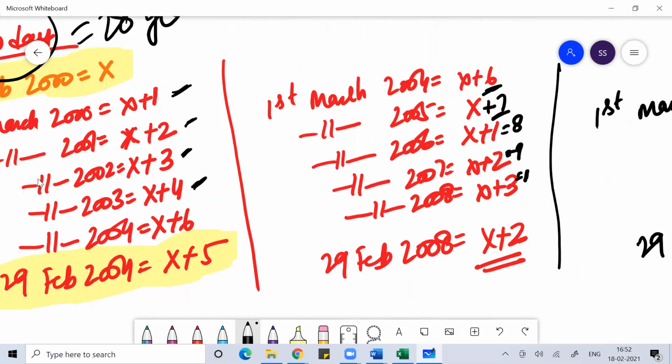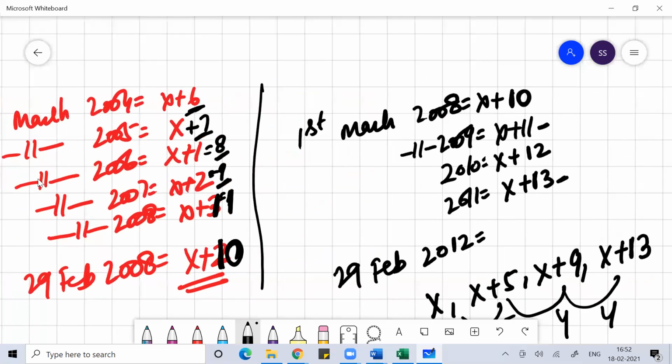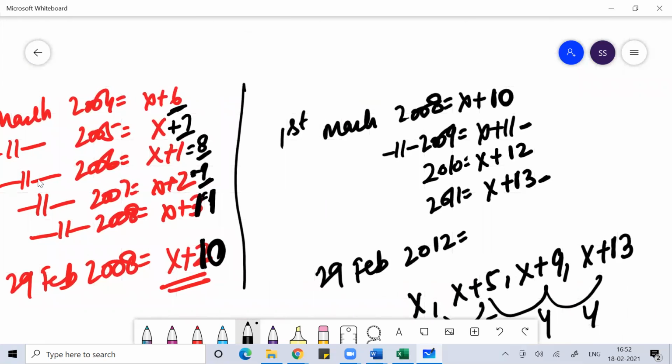Then 2008, this will be 11, so this will be 10, x plus 10. So here it was a mistake, it was x plus 10. Then this will be 11, this will be 12, this will be 13, this will be 14, and then it will be 15.